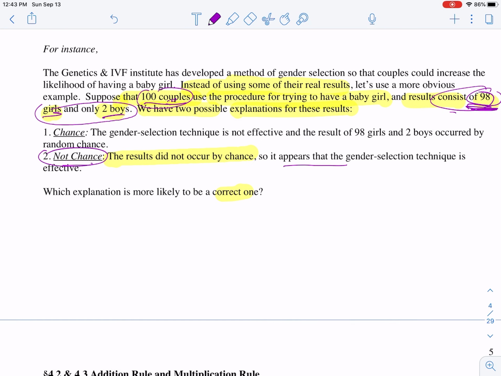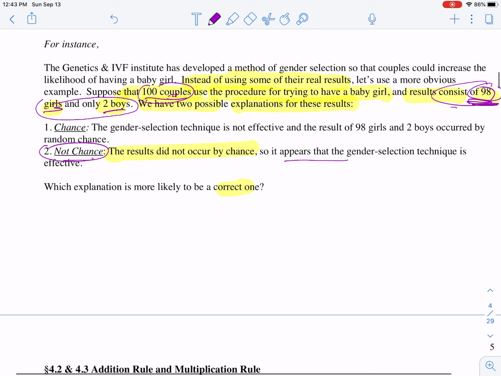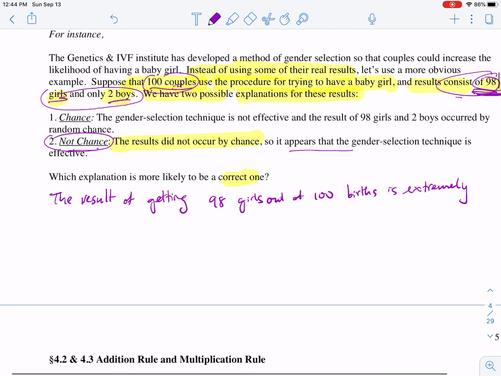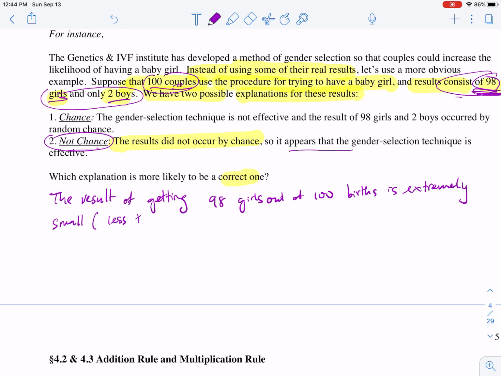So what we're going to write here is that the result of getting 98 girls out of 100 births is extremely small, less than 1%.